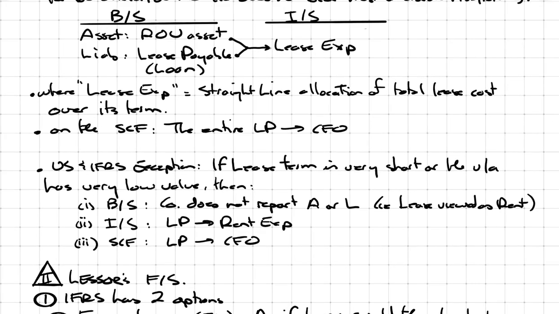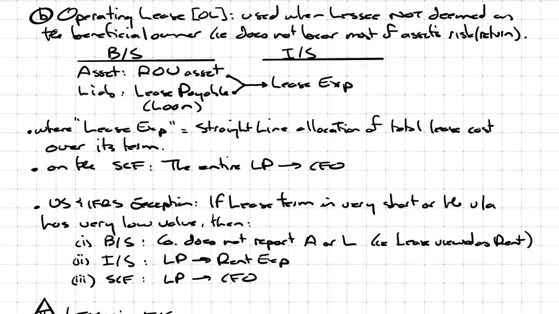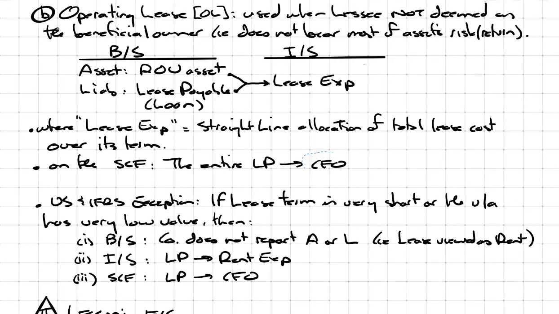So therefore, if the lessee is using the operating lease method, their CFO would be severely depressed, because the entire lease payment, not just the interest, but principal plus interest, is used as an operating cash outflow. So the whole CFO amount would drop by the lease payment.